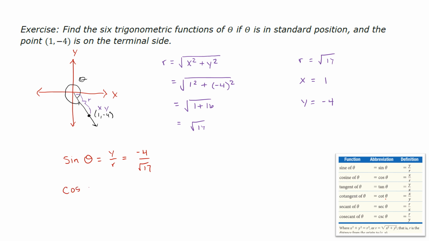Cosine of theta equals x over r, which is 1 over the square root of 17. Tangent of theta is y over x, which equals -4 over 1, which simplifies to -4.